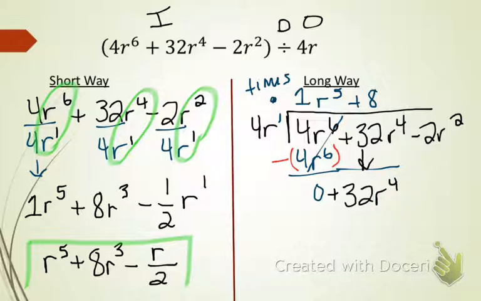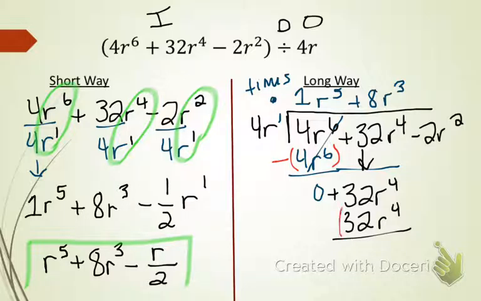So we need 3 more r's. We need r to the power of 3. Okay. So 8r to the power of 3 times 4r. 8 times 4 is 32. r to the power of 3 times r to the power of 1, r to the power of 4.